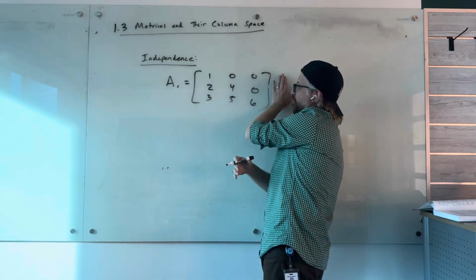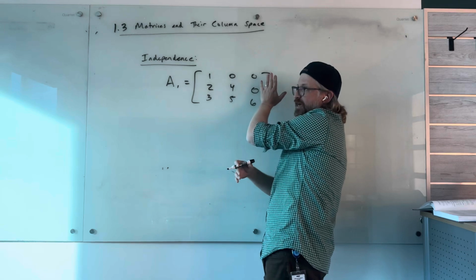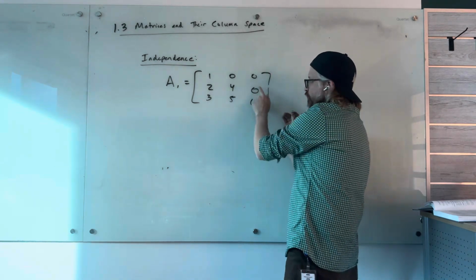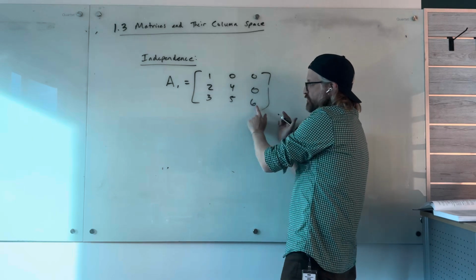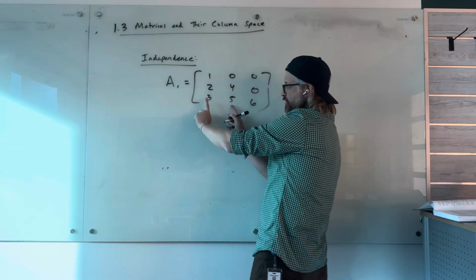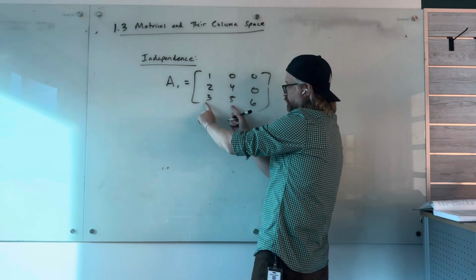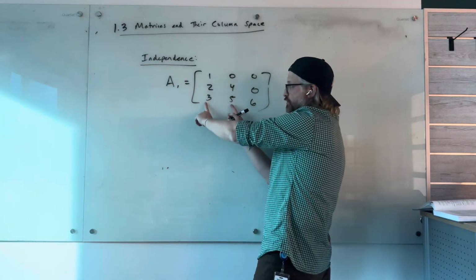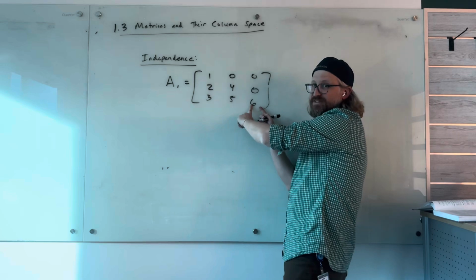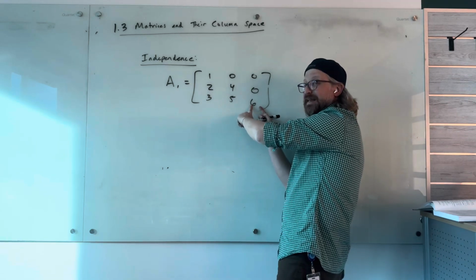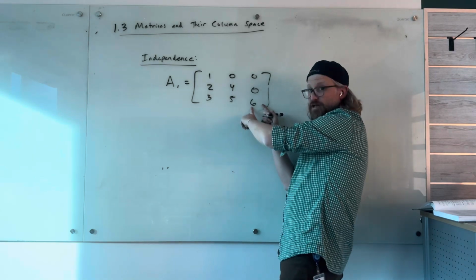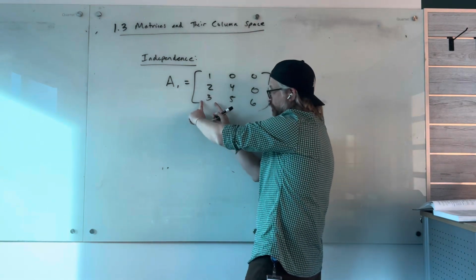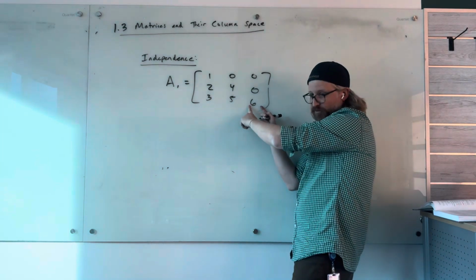Now, when I introduce a third vector, and you can kind of see how this gets more and more complex, now we're looking at this third vector and asking ourselves, can I do any linear combination of these two first vectors to get this third one? If I can, then these two vectors are independent while this vector is dependent. If I cannot, then this is also a new vector going in a new third direction, and then I have three completely independent vectors.